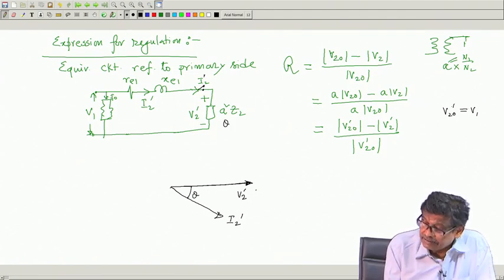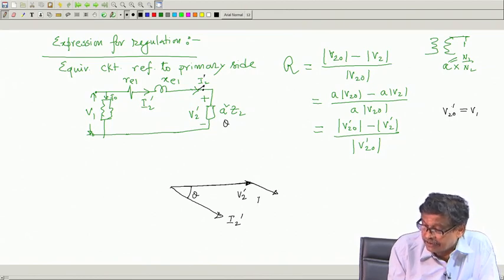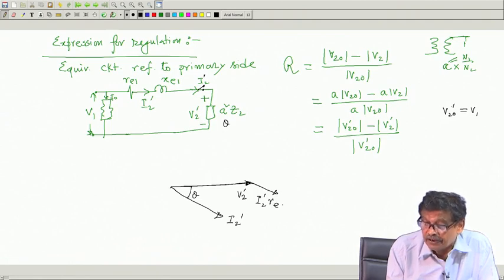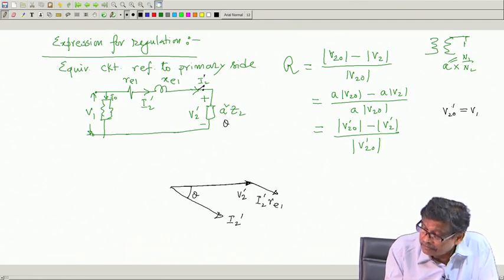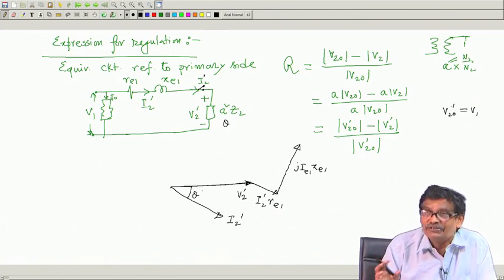So, V2 dashed to this V2 dashed, if I add these two drops, which I am drawing on a larger scale so that we understand what we are doing, into R_e1 plus jX_e1, and you must understand it is not drawn to scale.